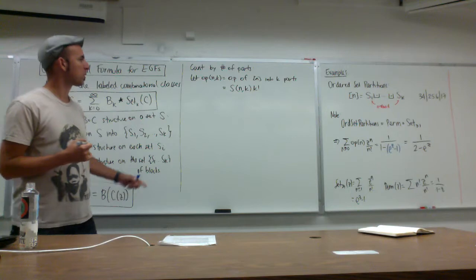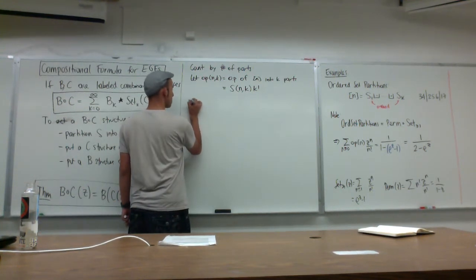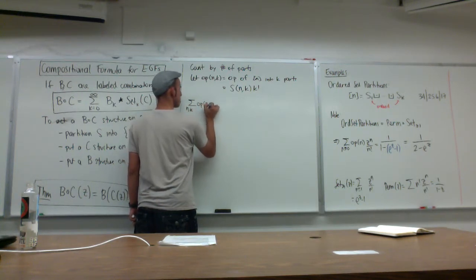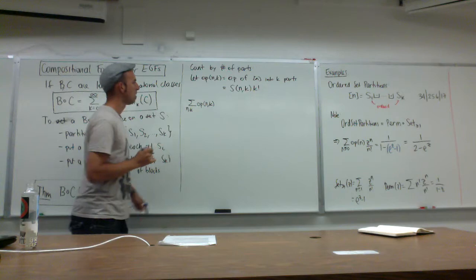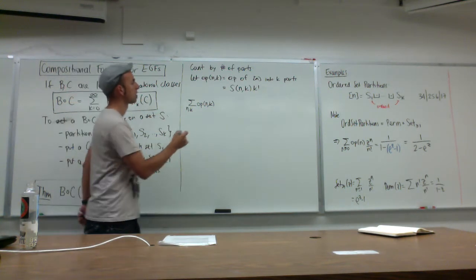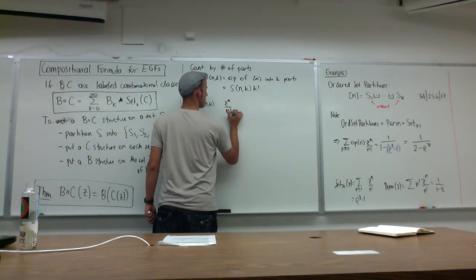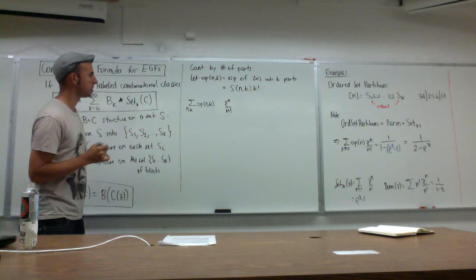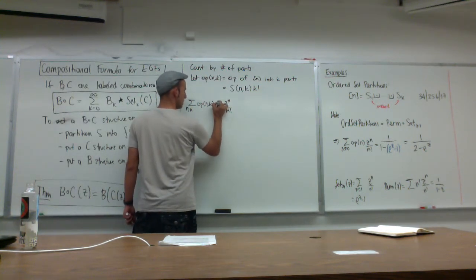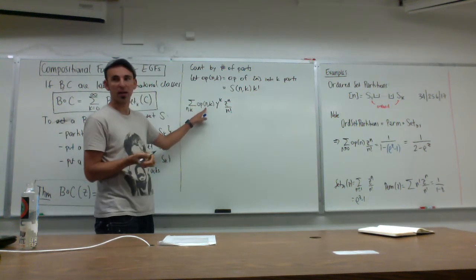So what if I want to write down the generating function for these things? It's a double generating function because I have two parameters. And I'm going to use z for n as before.